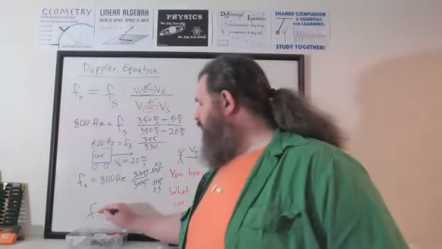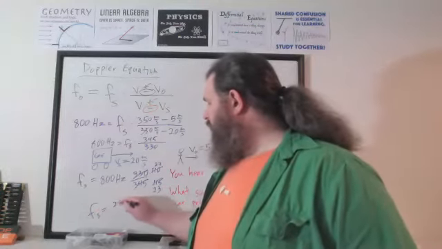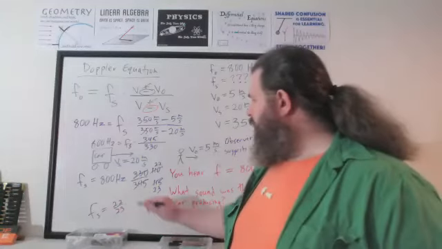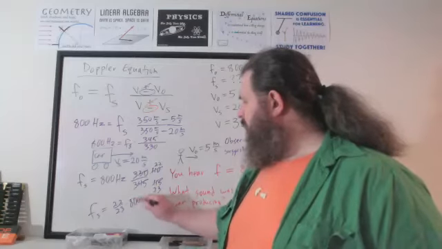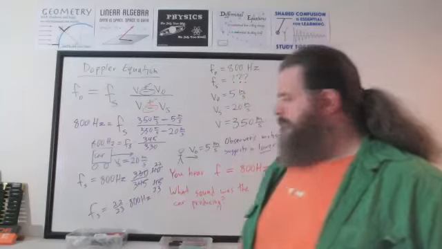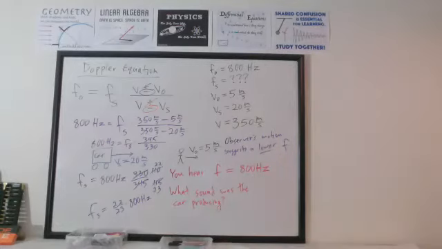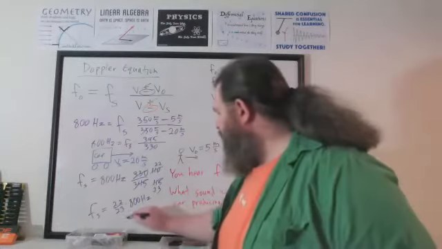So it looks like the frequency of the source is 22/23 of the 800 hertz. So 22 over 23 times 800 hertz is about 765.